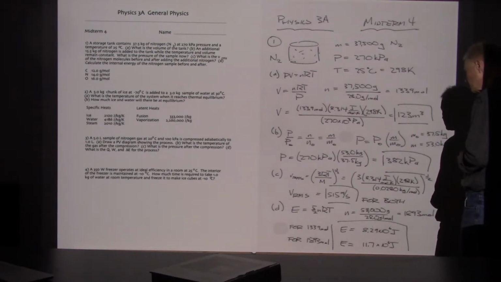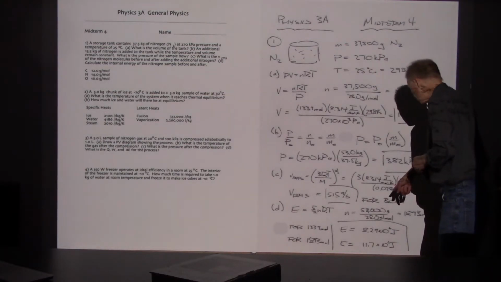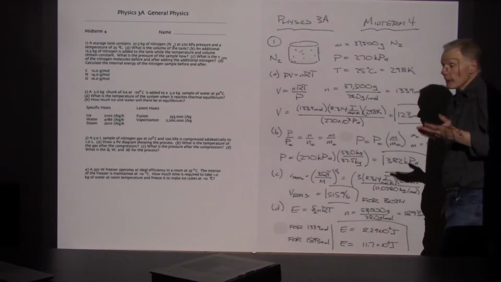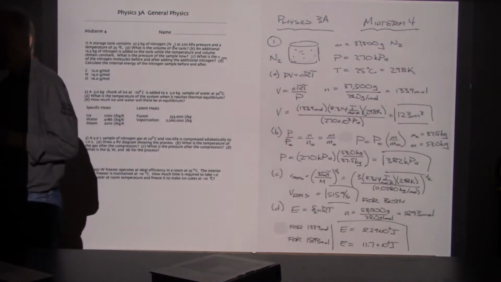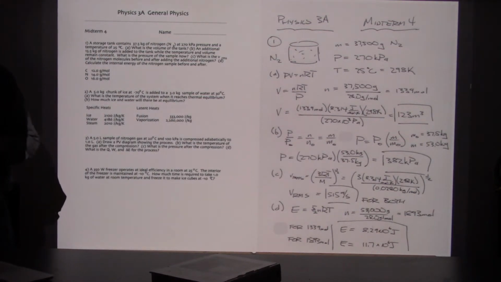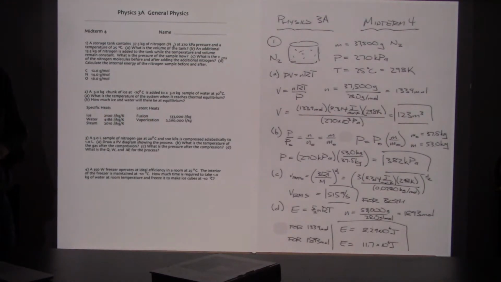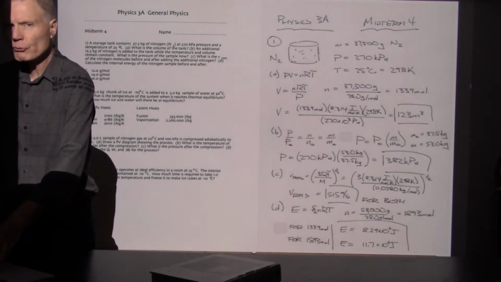Yeah, okay, probably. So it went up to 11.7 million joules once we have the additional nitrogen. So the internal energy for these samples of molecules in the gas phase, for the diatomics, is 5/2 nRT. For the monatomics, it's 3/2 nRT. And that's going to tell me how much internal energy those molecules have. Questions on anything?